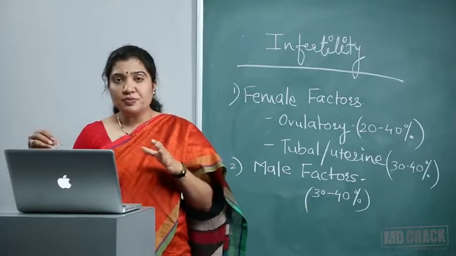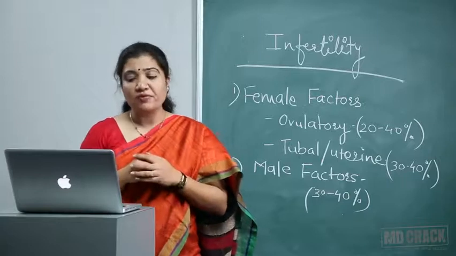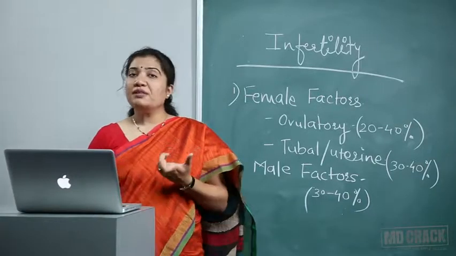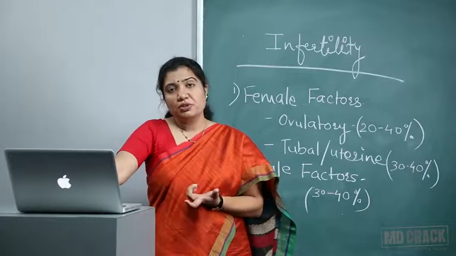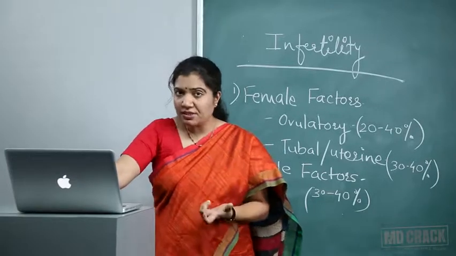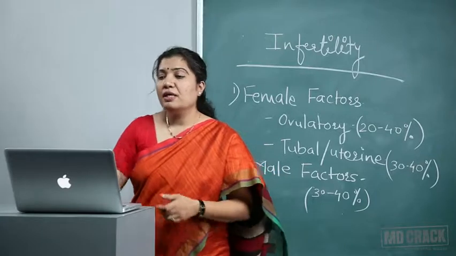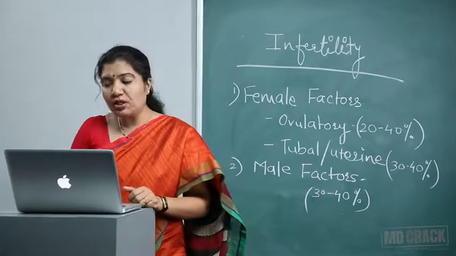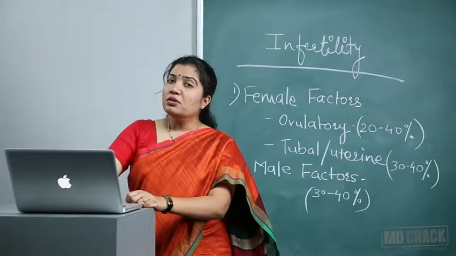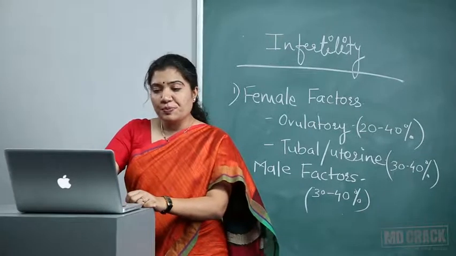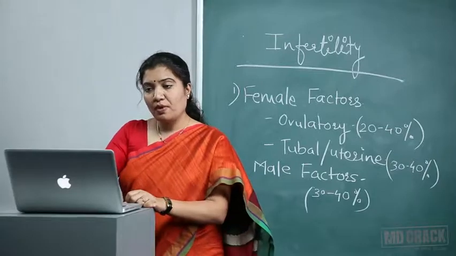If the sperm can penetrate cervical mucus more than 3 cm in half an hour, the results are good. But if the penetration is less than 3 cm in 30 minutes, then the penetration is abnormal and there can be presence of anti-sperm antibodies or there is some problem with the sperm motility.